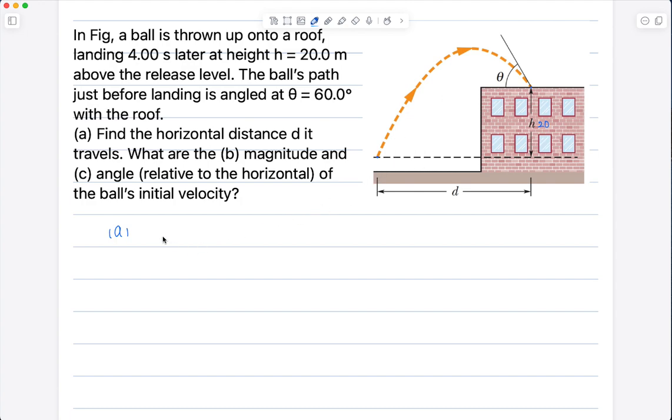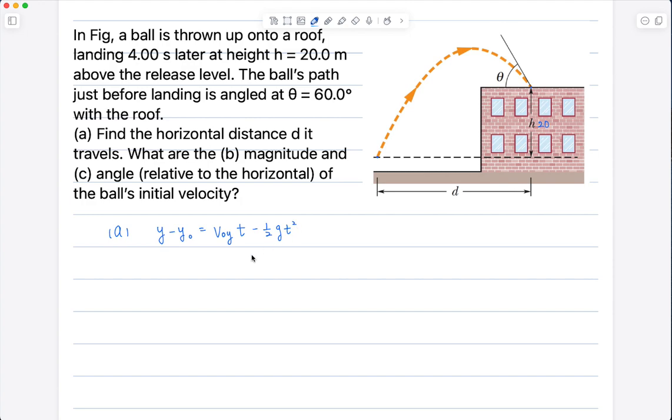So y minus y0 equals v0y, the initial velocity y component, multiplied by the time, minus 1/2 g t squared.